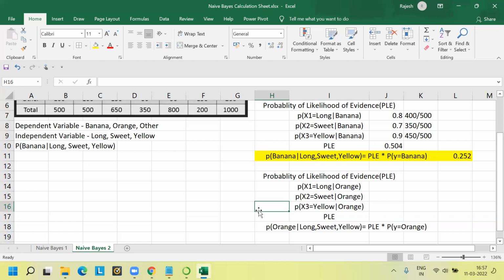So how many total oranges do we have? 300, right? So the denominator is 300 only. How many long and orange are there?